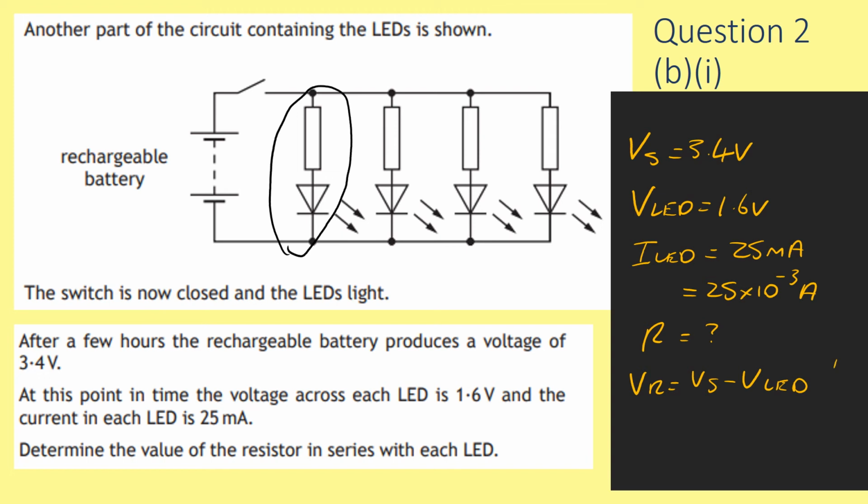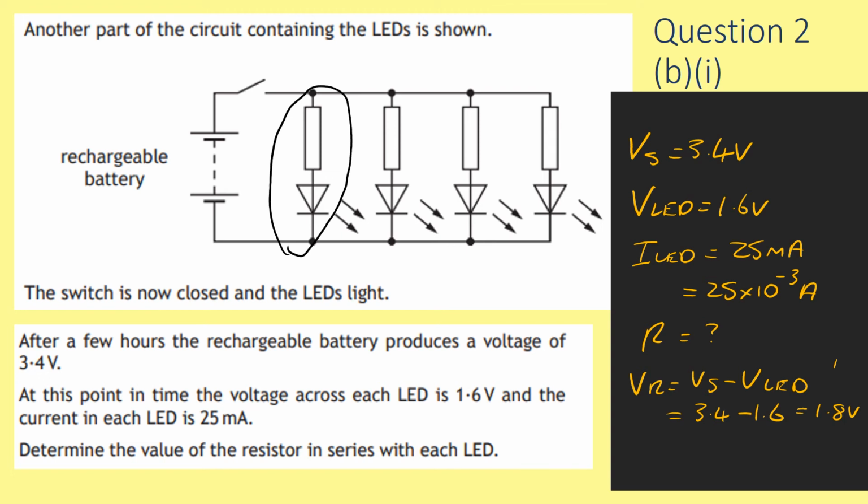Now that gives you 1 mark. So I end up with 3.4 take away 1.6, giving me a value of 1.8 volts. So 1.8 volts is the voltage across the resistor.